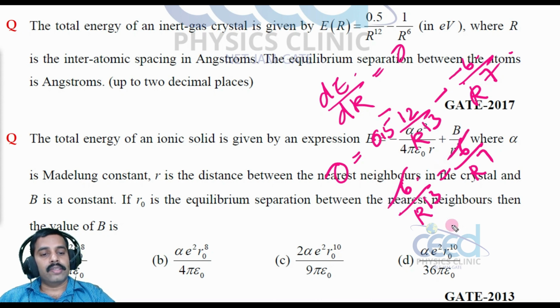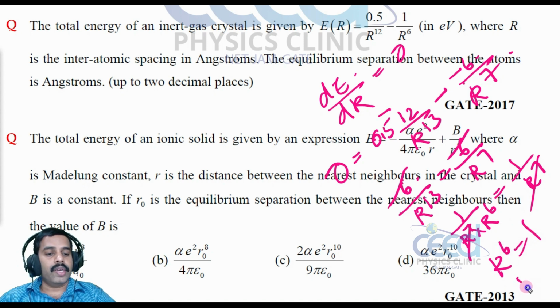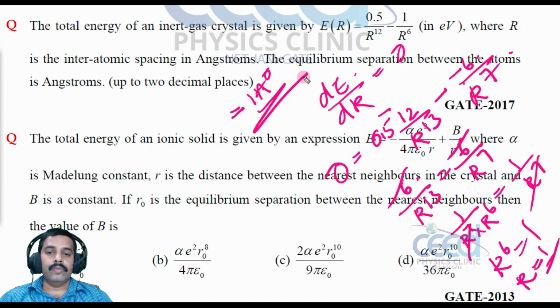So 6 and 6 cancel, and we have 1 by r raised to 7 into r raised to 6, equal to 1 by r raised to 7. So r raised to 6 is equal to 1, which means r is equal to 1. So 1.00, right? So the answer is 1.1 Angstrom. So that will be the answer.